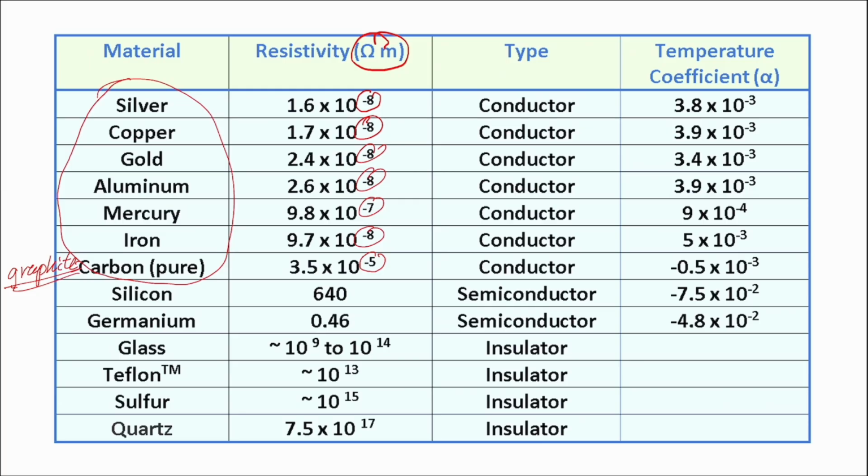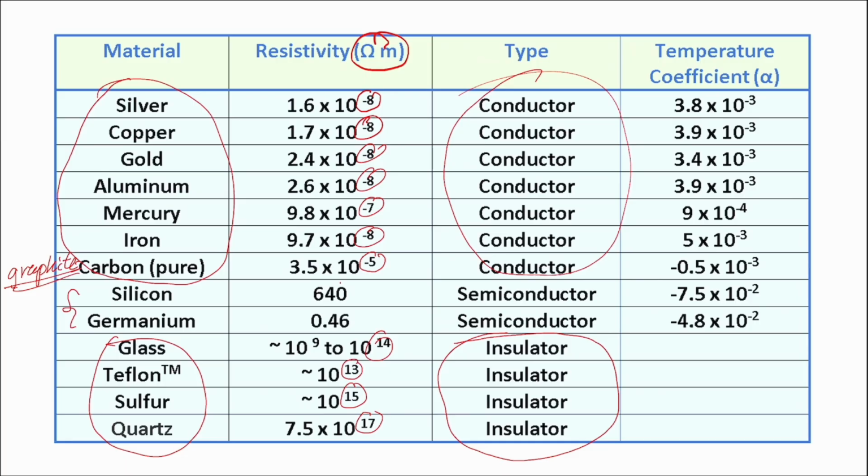Now if you look at the other extreme, this group, their resistivity is 10 to the power 17, 15, 13, 14, so it's very high. Therefore, when the resistivity is high, they are insulators. When the resistivity is low, they are conductors. And you can see here, there are two materials whose resistivity is roughly sitting in between, so we call this semiconductor.